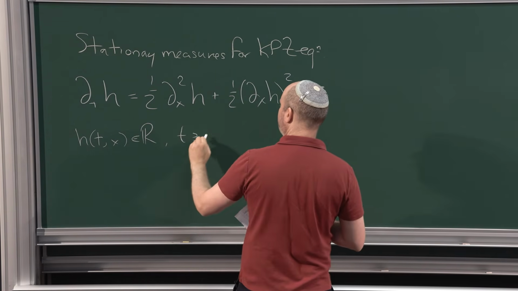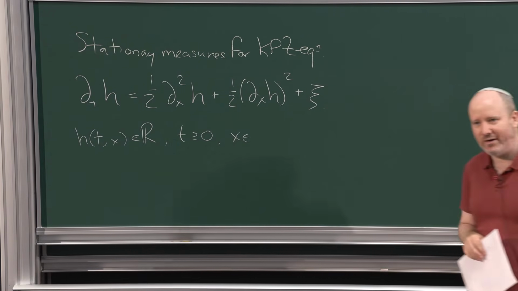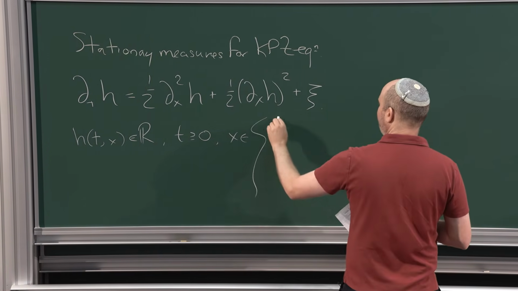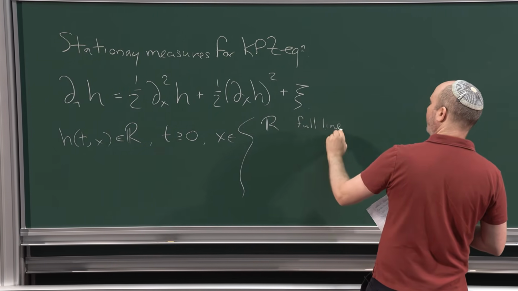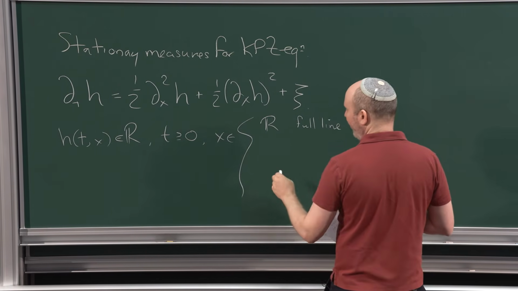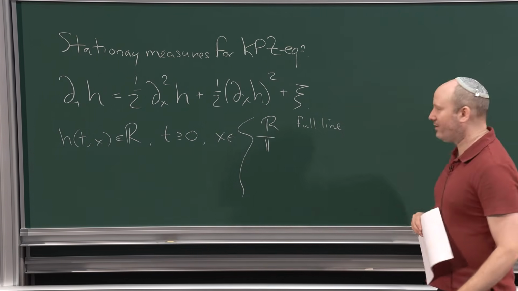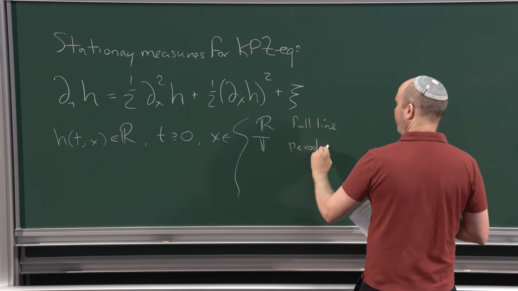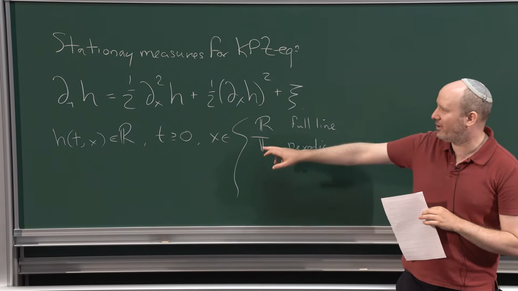Time is greater than or equal to 0, and x takes values, well, there's some choice of where x takes values. You could consider x taking values in the reals, and we'll call this the full line case. You could have x taking values in something like a torus. That would be called a periodic type model.